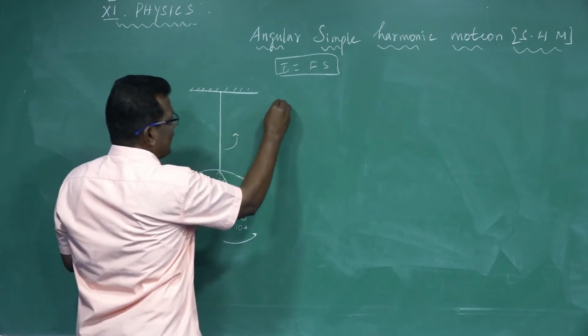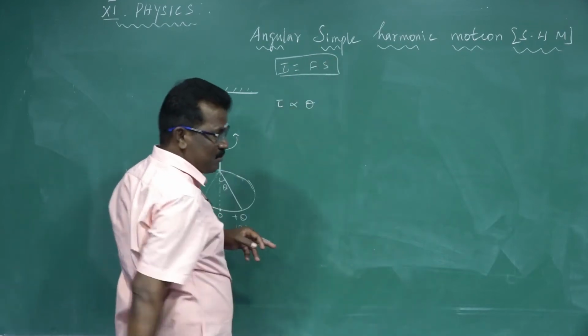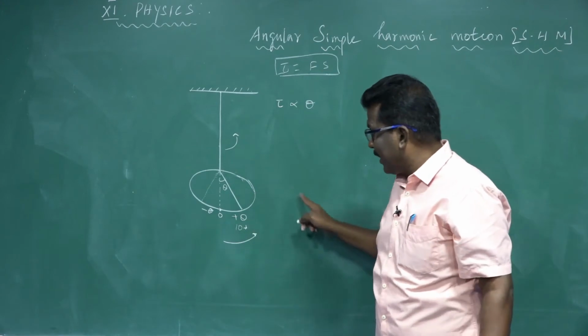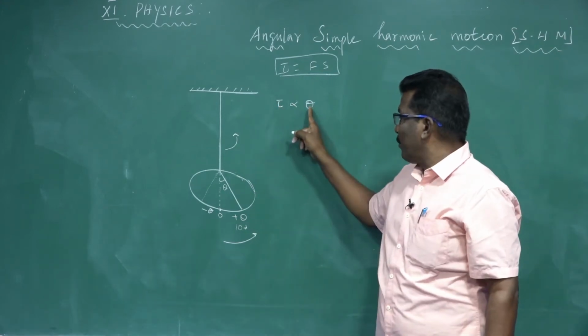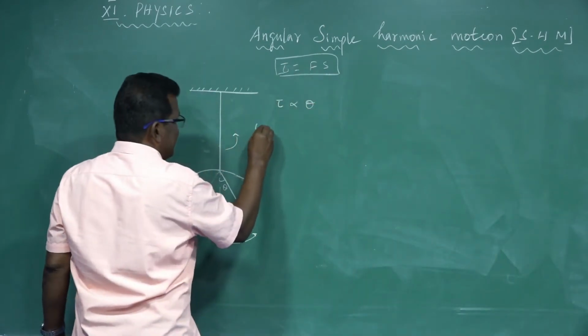So the torque tau is directly proportional to angular displacement, not linear displacement. The body is not moving in a straight line, it is rotating in angular motion. Here theta represents the angular displacement.